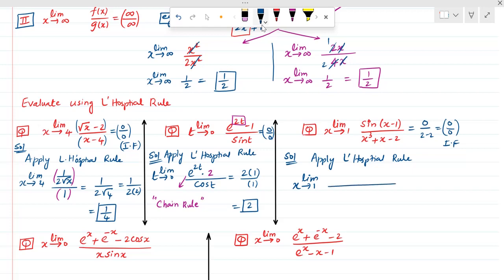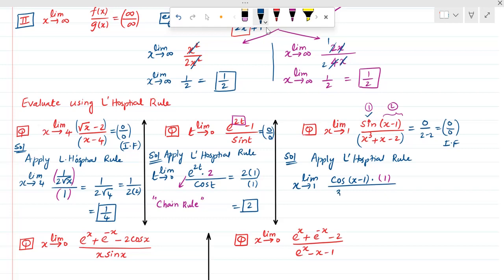Differentiate numerator and denominator separately. So when you differentiate the sine, it becomes cosine x minus 1. Product. Here also the chain rule. So this is done. This is the first part is done. What about this part? So when you differentiate the inside, x differentiation is 1. Over. What about the denominator?